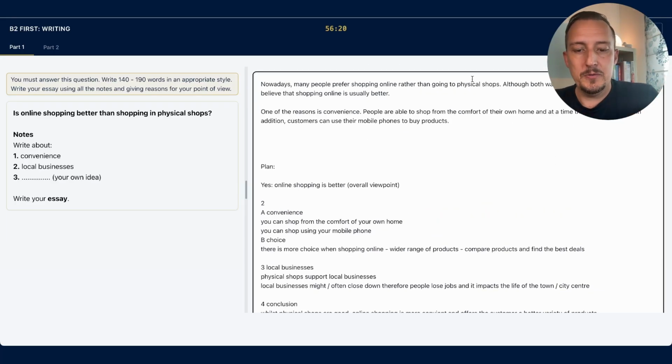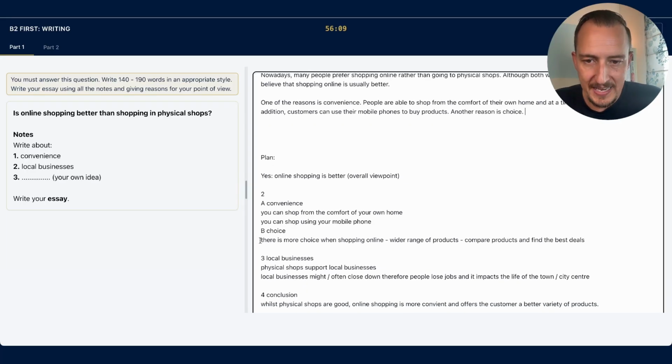Okay, so how can we do that? So we've got, one of the reasons is convenience. Another reason is choice. And then what did we say about choice? There is more. Yes, so let's go back to our plan.